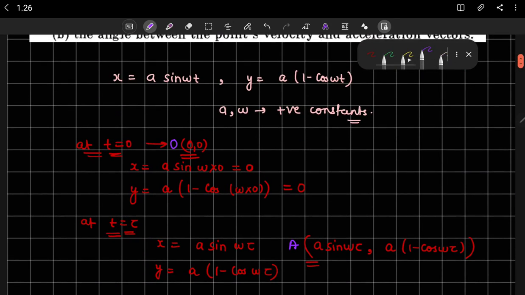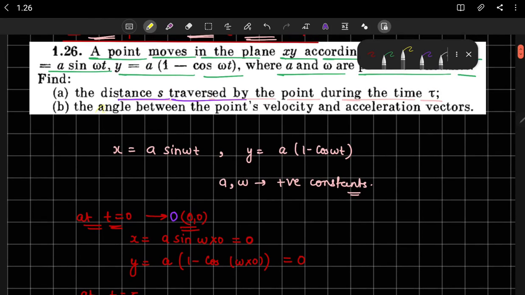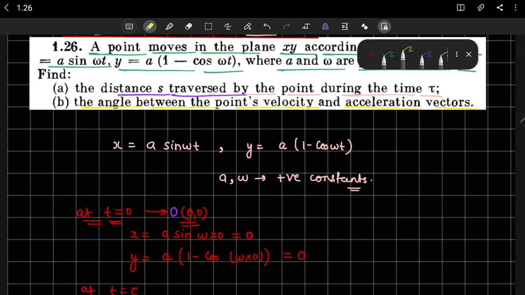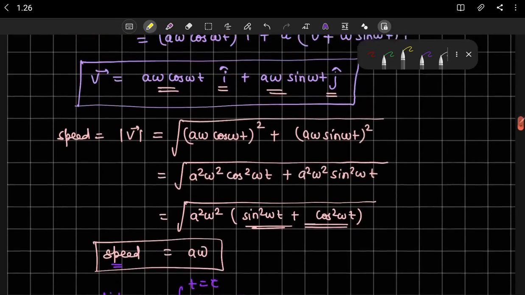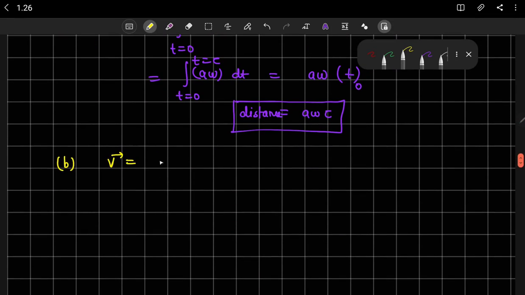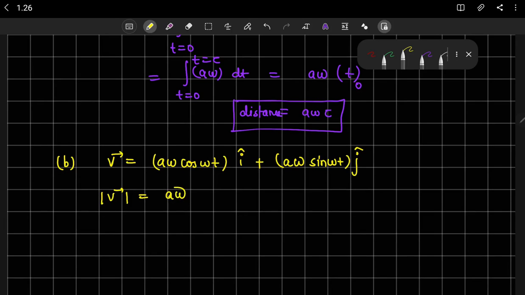Now in the second problem, it is asking to find the angle between the point's velocity and the acceleration vector. So let us write the velocity vector that we have found out here, that is equal to a omega cos of omega t i cap plus a omega sin of omega t j cap, and the magnitude of the velocity vector we got as a omega.